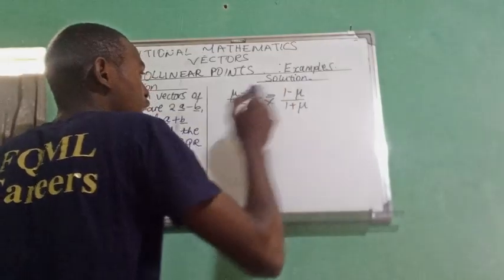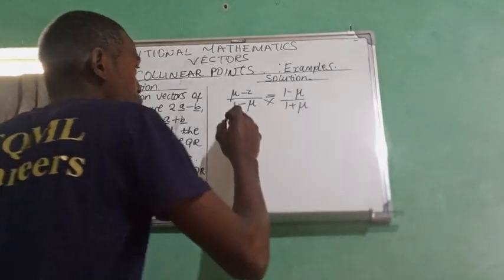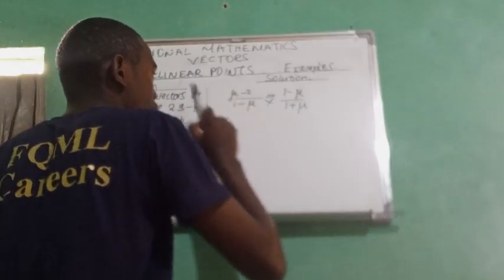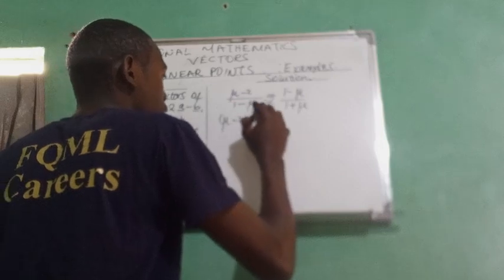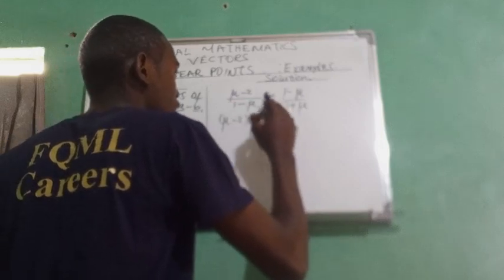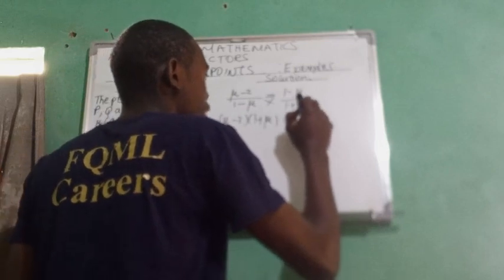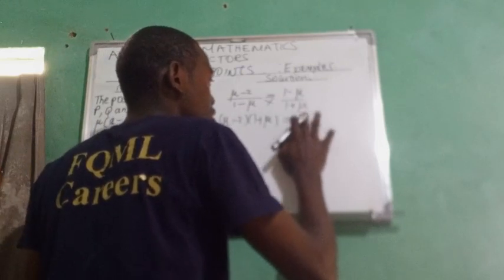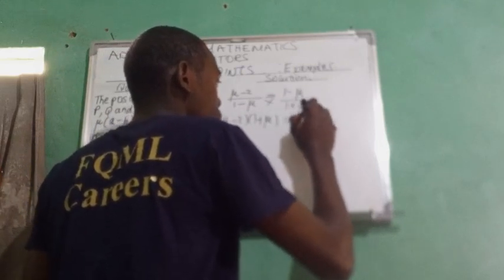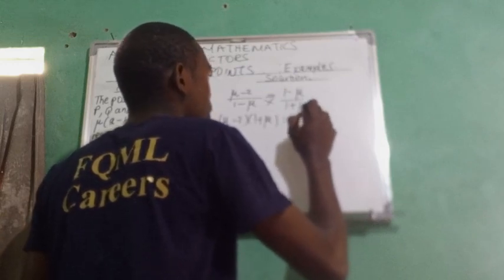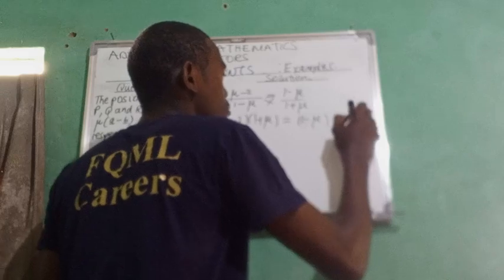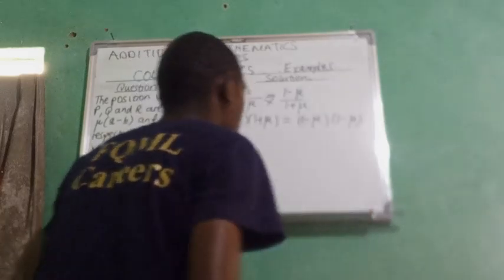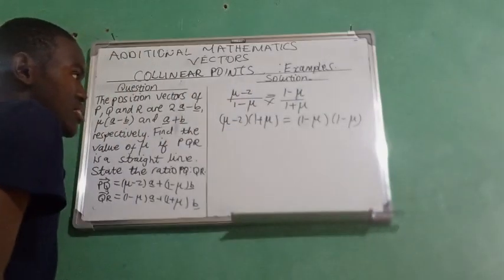We cross multiply at this stage. This would be mu minus 2, you multiply by 1 plus mu, is equal to 1 minus mu, 1 minus mu. Then we just expand these brackets.